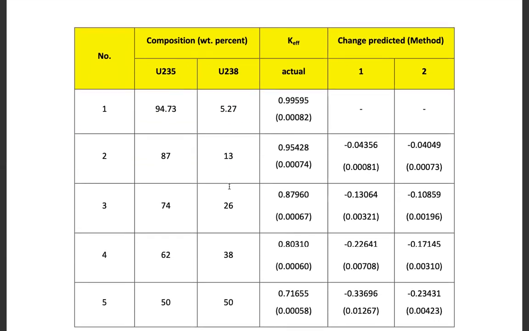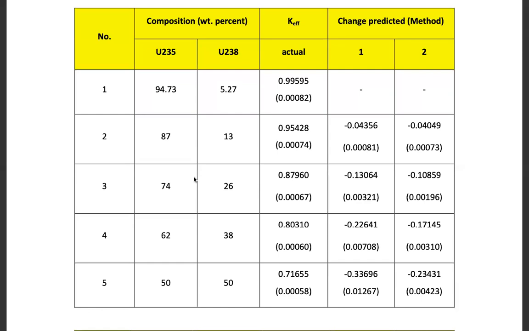Now, these are the results for Godiva that this run gave me. If I started with this composition, and this was the K effective, I studied all these changes, and I got the predicted changes from method 1 and method 2. Method 1 had the first and second derivatives.